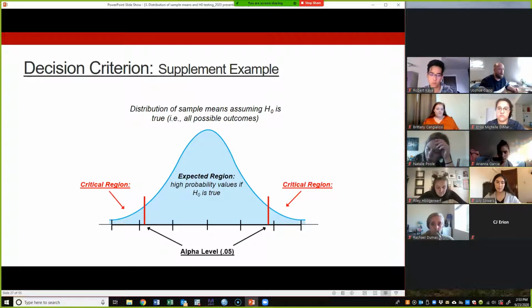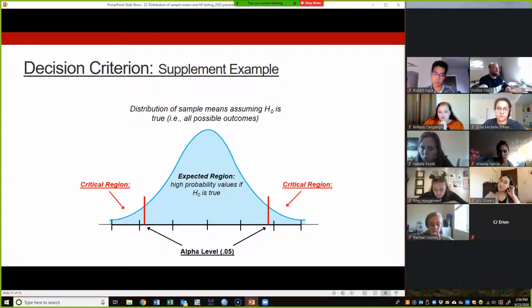Now, again, this assumes that we've run a perfect study, that we haven't violated any of our other basic assumptions, that we've picked the right test, that we don't have weird data issues, and that our methods are all good. If we're comfortable with all that, we would say things falling in the critical region are implausible given the data. These are not likely samples to have been drawn from a population with a mean of 80. Is it impossible?